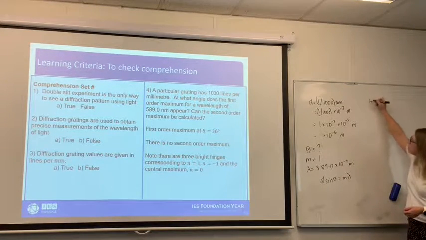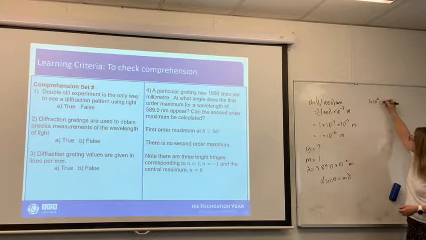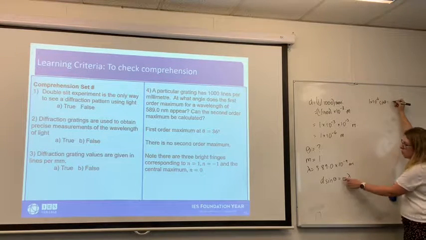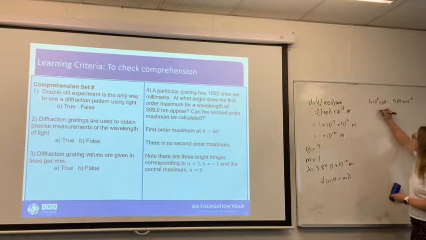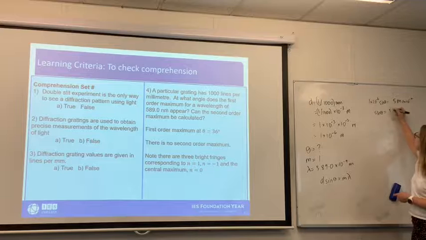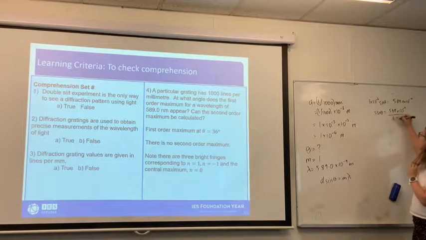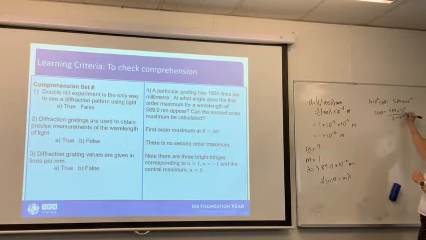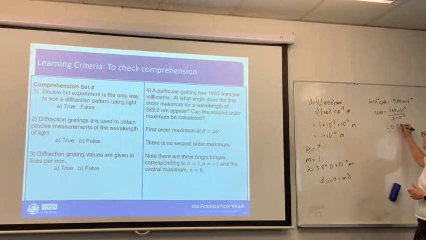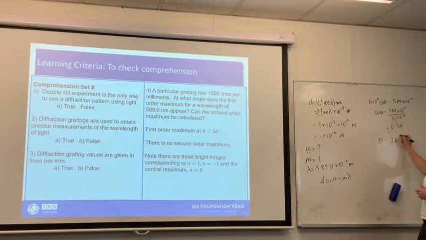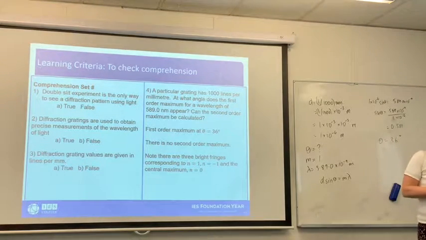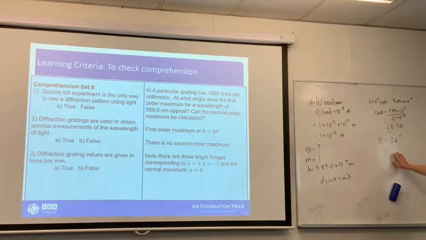So I end up with 1 times 10 to the negative 6 sine theta equals, well this is just 1, 589.0 times 10 to the negative 9. So sine theta equals 589 times 10 to the negative 9 divided by 1 times 10 to the negative 6. That ends up being 0.589, use the calculator. So theta ends up being 36 degrees.